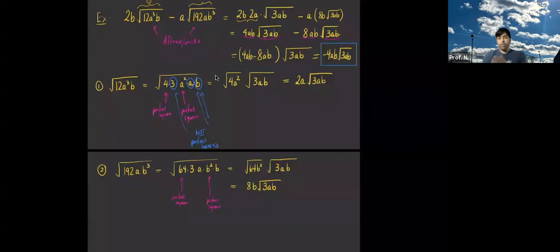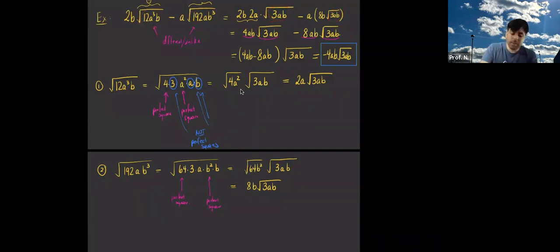So we have to get comfortable with viewing radicals with different radicands. The radicand is the expression underneath the radical. So if we have different expressions underneath the radical, I want to find a way to break them down so that I have radicals that are the same.